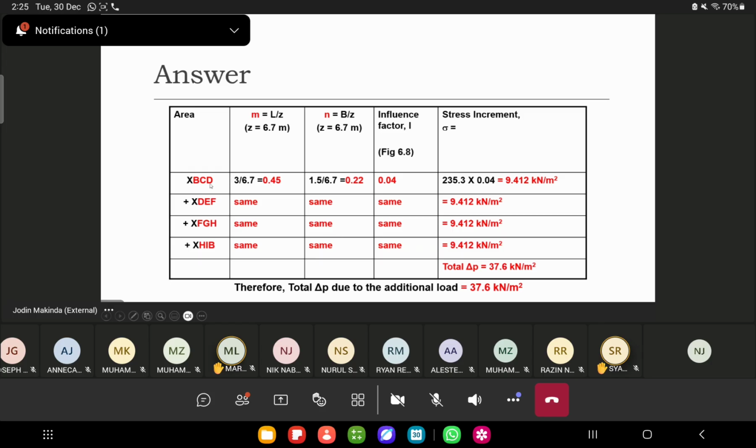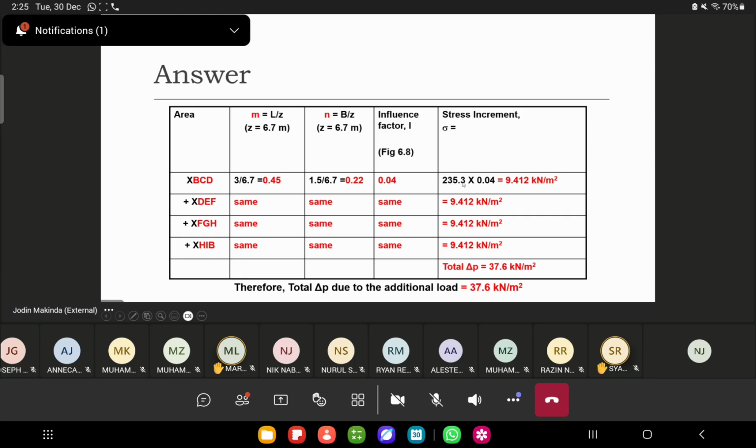Because it is square, I calculate the value of m, which is length divided by the depth z, and n, which is the breadth divided by z. So 0.45 and 0.22. I use the influence chart to determine the influence factor. I obtain 0.04.